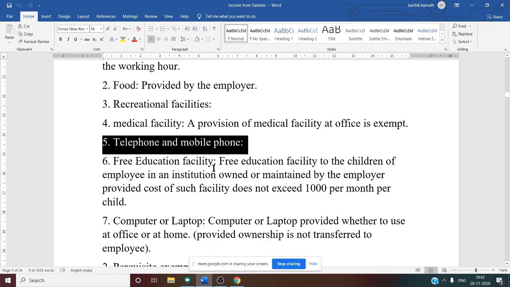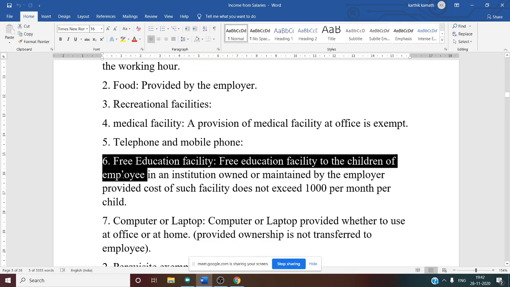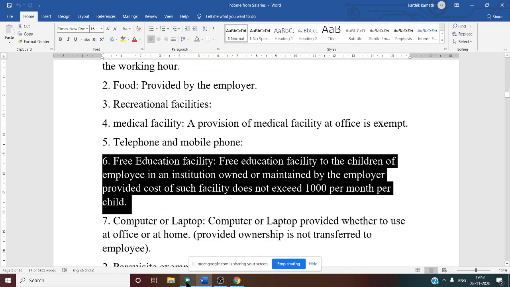Free education facility, this is very important. Many times this type of adjustment is asked in the examination. So this one we have to discuss now. See this: free education facility to the children of the employee in an institution owned or maintained by the employer, provided the cost of such facility does not exceed 1000 per month per child. So what they are saying is, suppose the employee has more than one child.